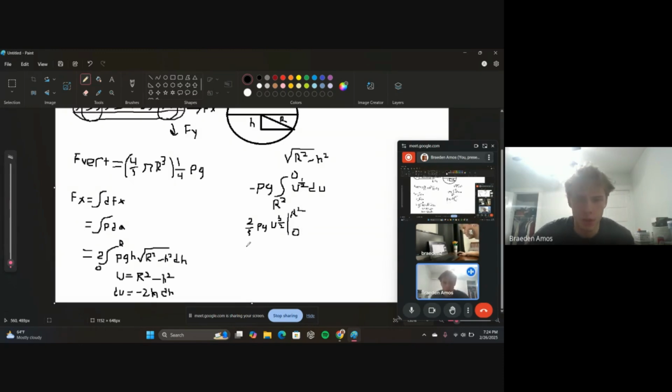Okay, so when we evaluate that, we get 2 over 3 rho g, and then r cubed when you plug that in here, and then minus 0, obviously. So that's pretty much our answer.